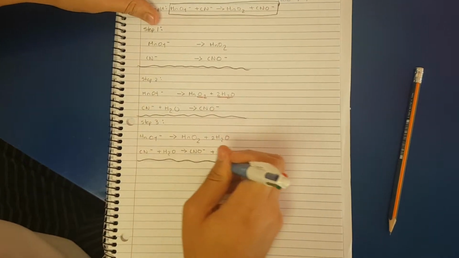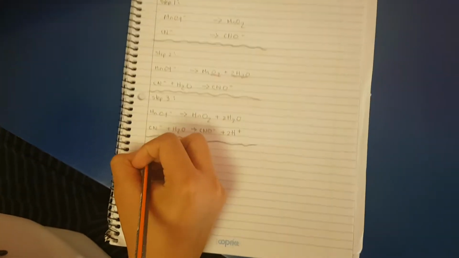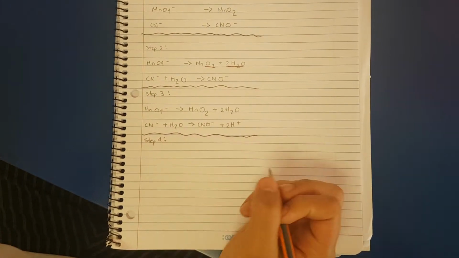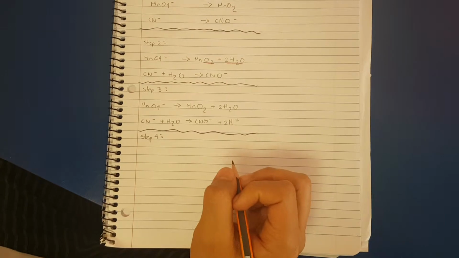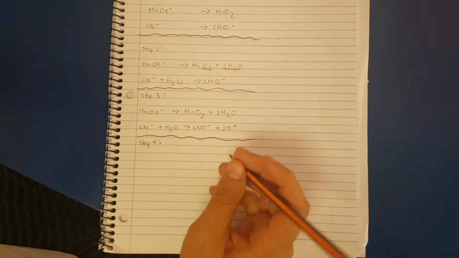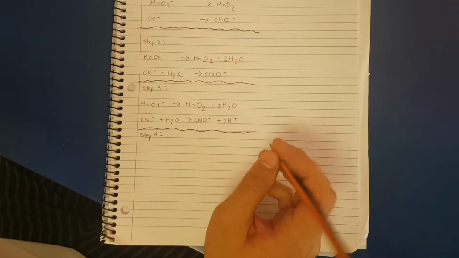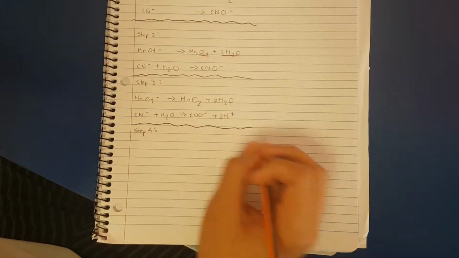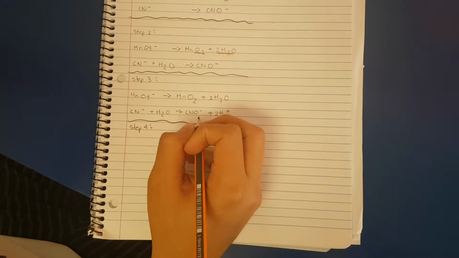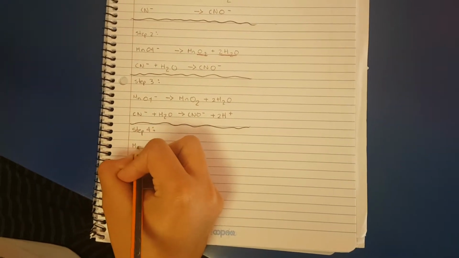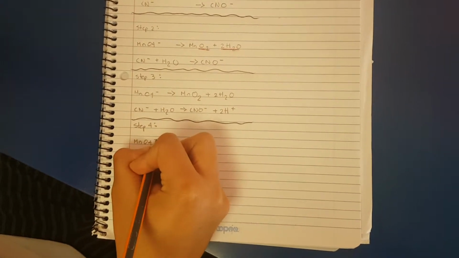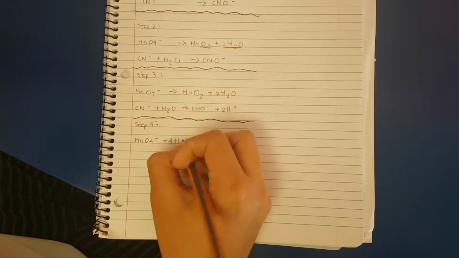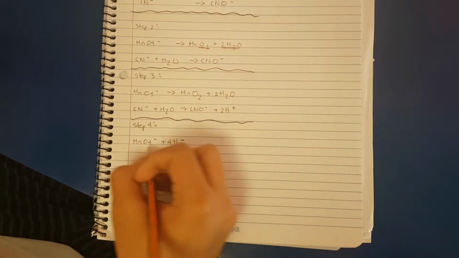So now we're going to step 4, and for step 4 we gotta balance the charges by adding the electrons to have the same charge on both sides, which are positive. So we gotta do it again. MnO4 negative plus 4H plus because of this.